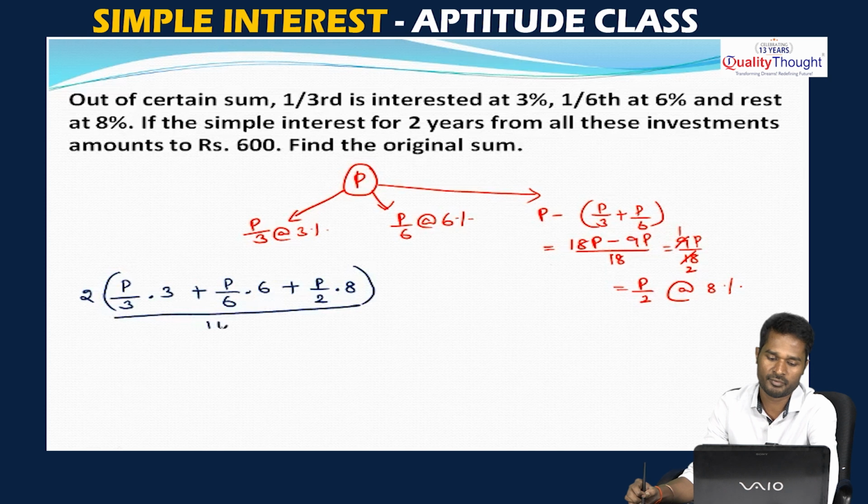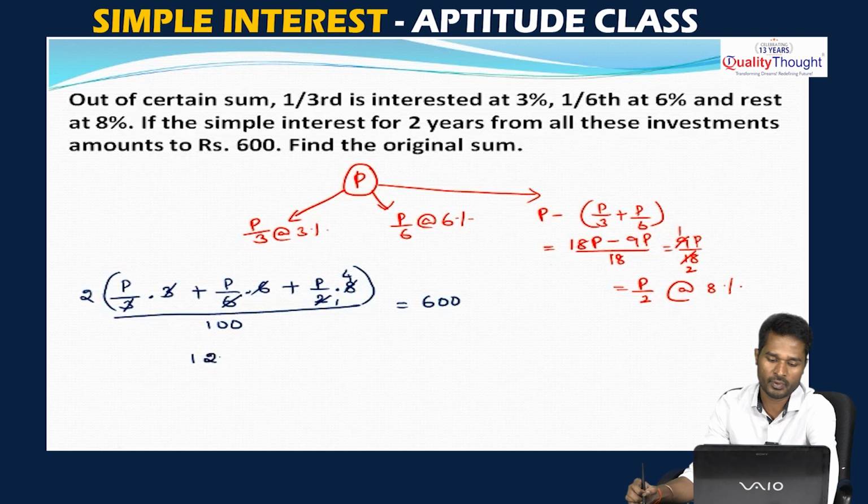See, PTR by 100, for all of them 100 is common, I am writing at the same time. Now, the total simple interest paid is 600. Here 3 will cancel, 6 will cancel, 2 ones are 2, 2 fours are 8. So, this is 4P plus P, 5P plus P, 6P into 2.